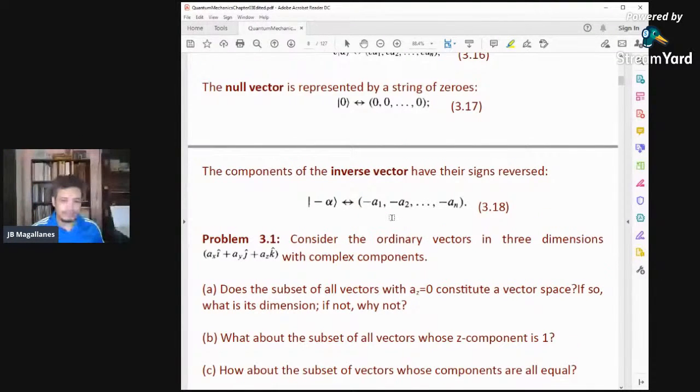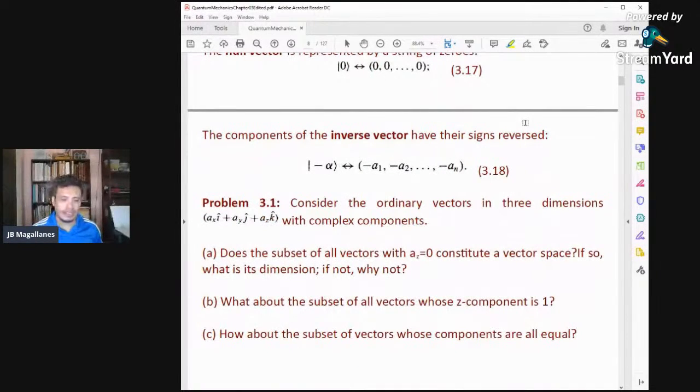So it's just a negative. You just have to multiply -1 to the components of the original vector.